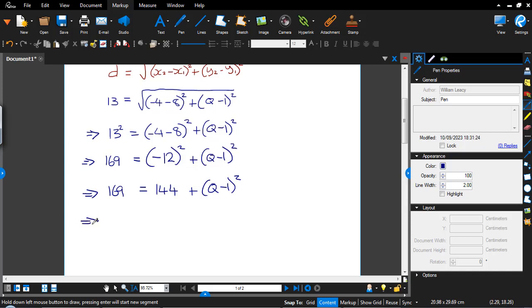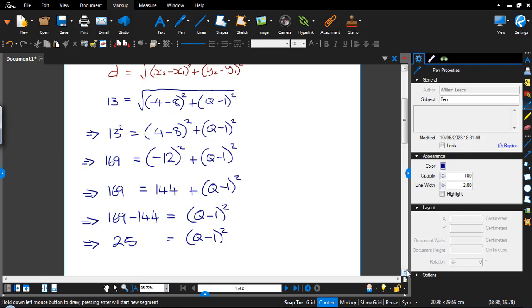I'm doing it step by step, you know what I mean? If you're comfortable skipping steps, fine, but you've got to be careful. So 25 is equal to q minus 1 squared.